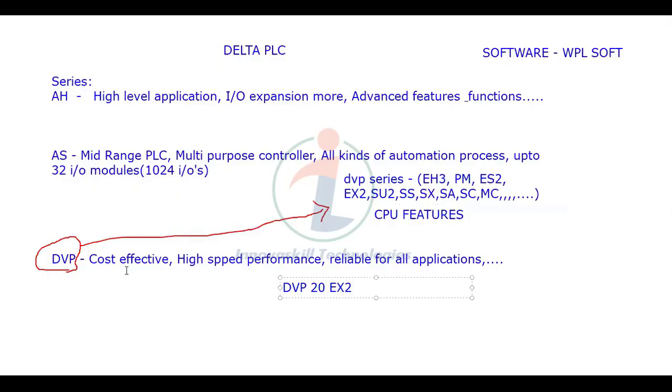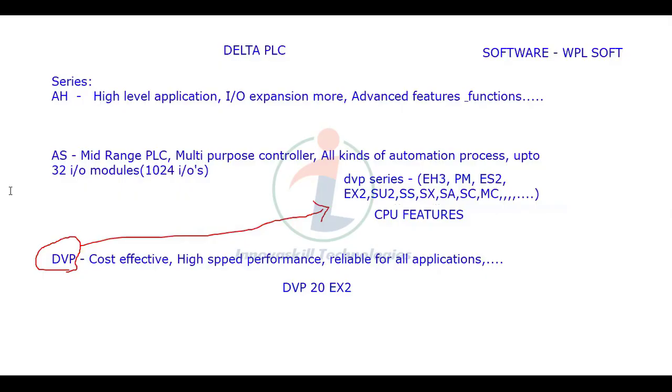This DVP stands for the series, 20 stands for the total number of inputs and outputs, and this EX2 stands for the different models available, that is CPU performance. This is nothing but CPU type. In place of EX2, there will be many models like SS, SS2, SX, SA, SC, like that. And this represents the total number of inputs and outputs.